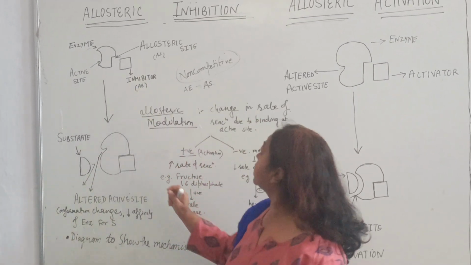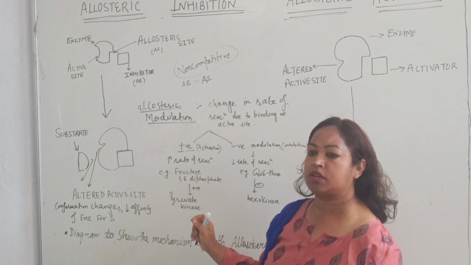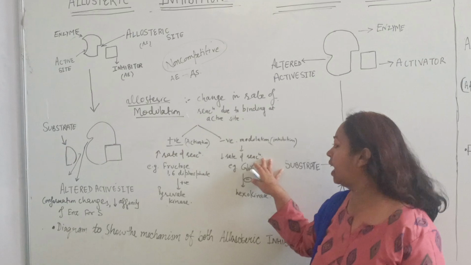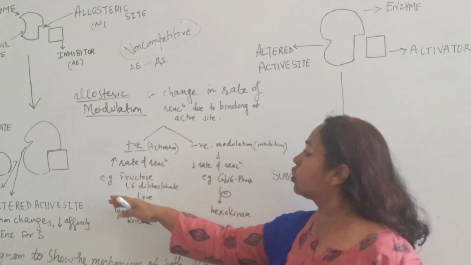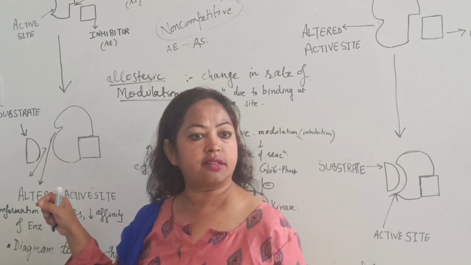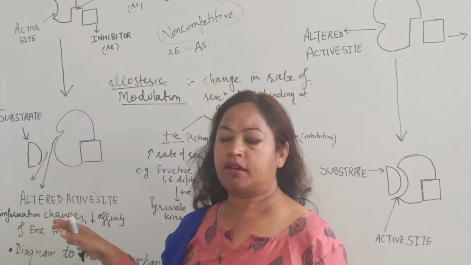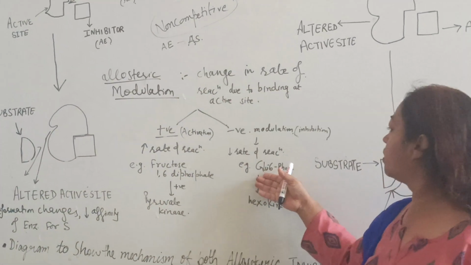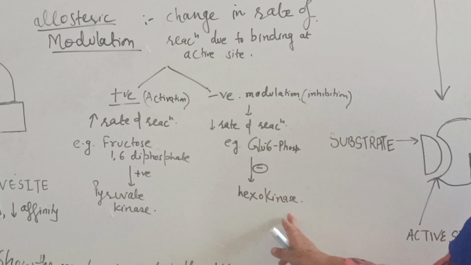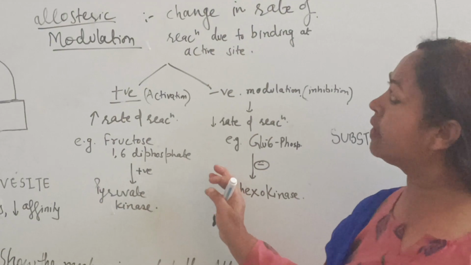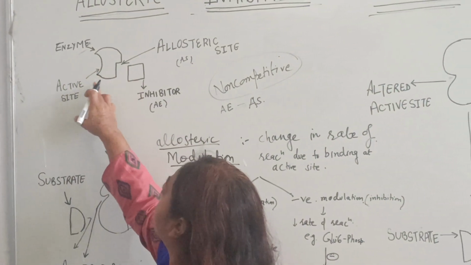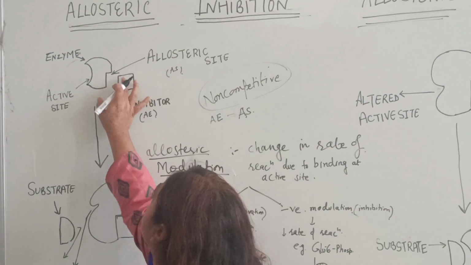This is called allosteric inhibition, where there is a decrease in the rate of reaction due to change in the shape of the active site. Clear? An example is glucose 6 phosphate. It inhibits the hexokinase enzyme. What it does, it binds at a site different from the substrate.